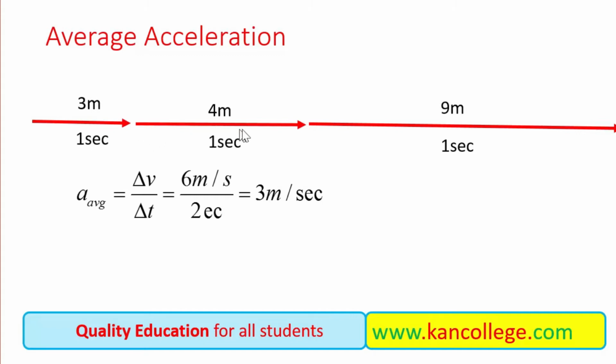In the first second, the increase in speed was 1, and in the next second the total change in speed was 5 meter per second. So for the whole 2 seconds, the total change in velocity was 6. For taking the average, we have to divide the change in velocity by time. Total change in velocity is 6 and total time is 2. So the average acceleration is 3 meter per second square.